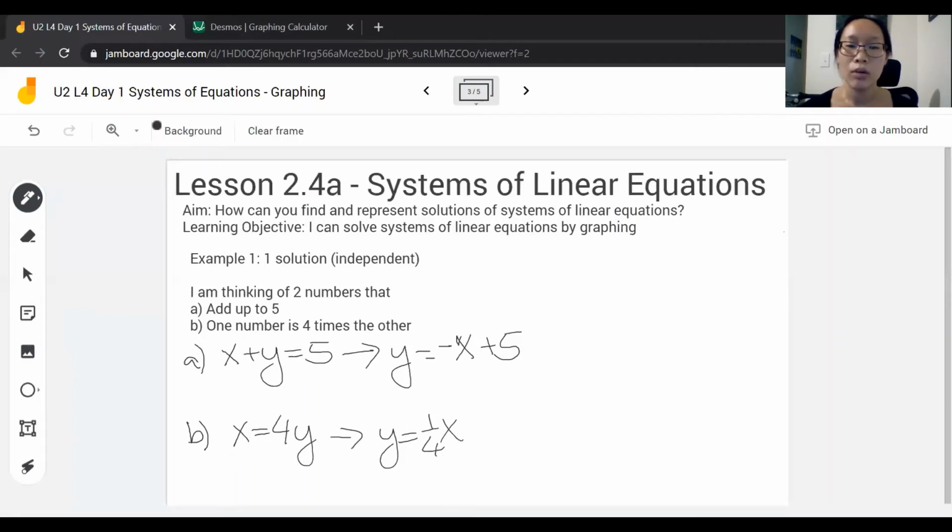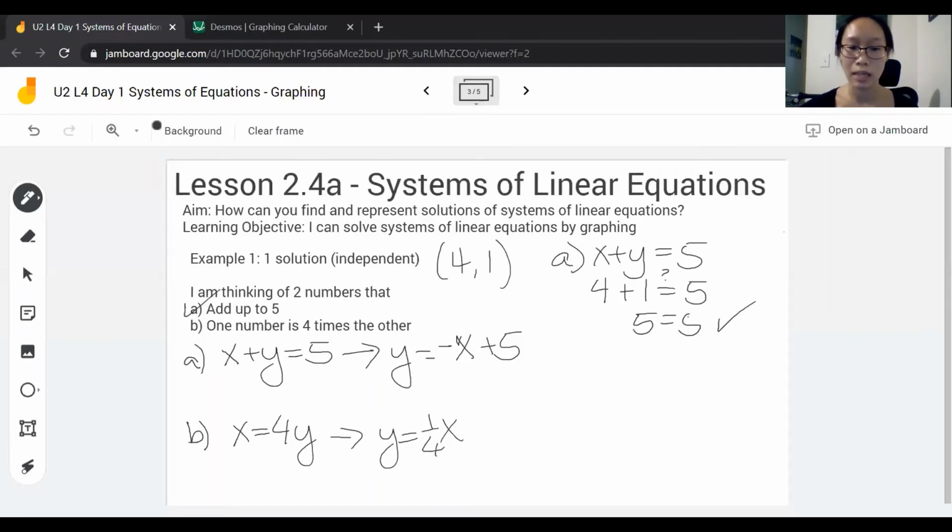So in order to check algebraically to see whether this is a solution, I have to see whether it makes both my equations true. So my first equation was x plus y is equal to 5. And so my x value here is 4, my y value is 1, and I want to know if that equals 5. 4 plus 1 is 5, and 5 equals 5. So that means my first condition is met, and I'm good so far.